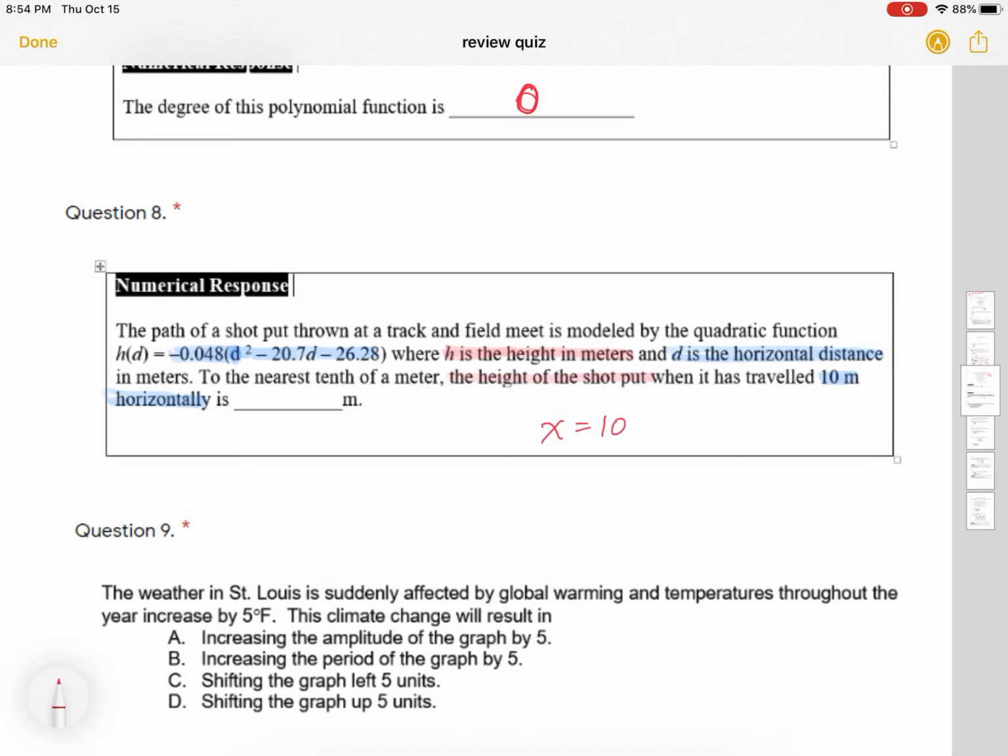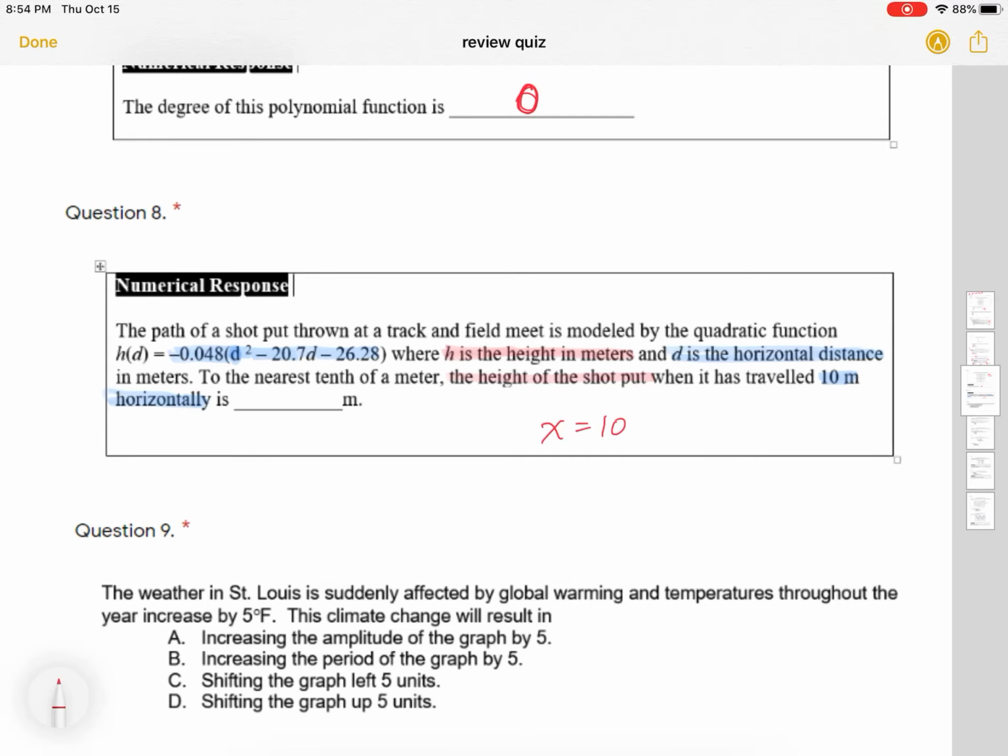Okay, when you do that, question 8, you should get 6.4. I'm going to do it real quick here because I'm looking at the key and I just want to make sure that I've got the right answer. Okay.